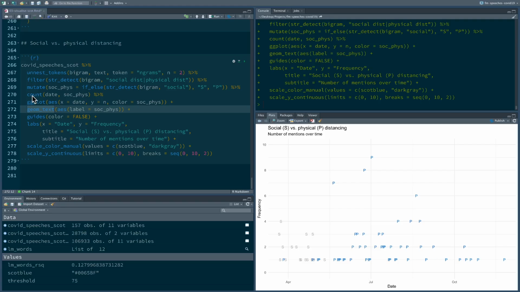It looks like in July there was one speech where she said physical distancing 9 times. So perhaps there was a spike at that time in terms of transmission that needed to be said more. But it looks like for many of the speeches she is saying it at least once. And lately, that has been about physical distancing as opposed to social distancing.